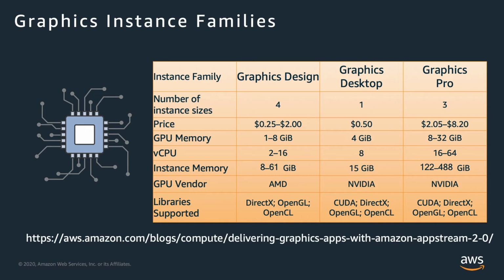If you need CUDA support, the Graphics Desktop family offers that through an NVIDIA K520 GPU. And finally, the Graphics Pro family uses Tesla M60 and can support up to 64 vCPUs and 488 gigabytes of memory. It is ideal for applications that require a massive amount of parallel processing for 3D rendering, video encoding, etc.